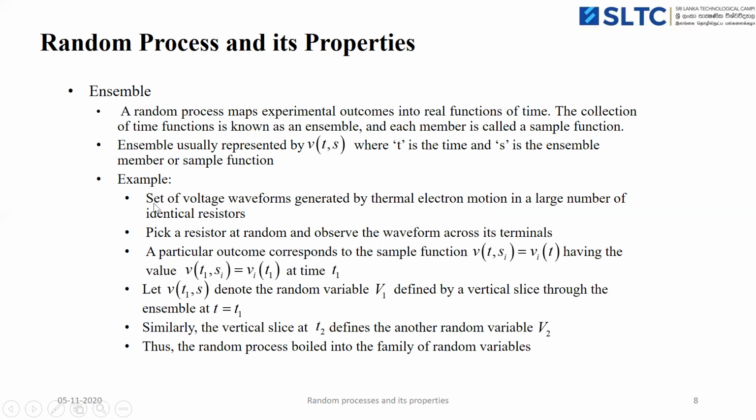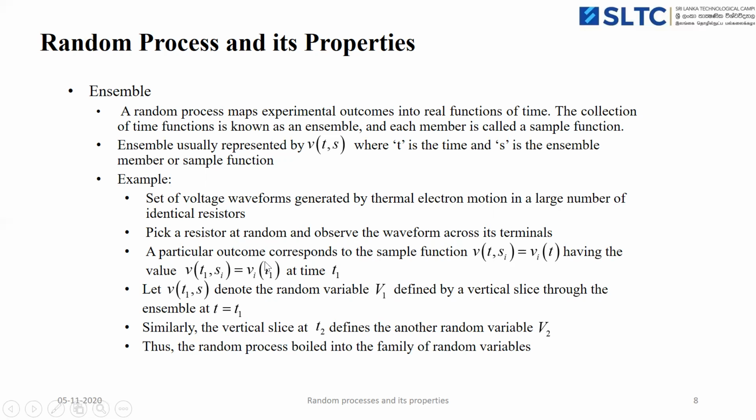Then the example for the random process: the set of voltage waveforms generated by the thermal electron motion in a large number of identical resistors. So you can pick a resistor at random and then observe the waveform. That is an example of a random process.